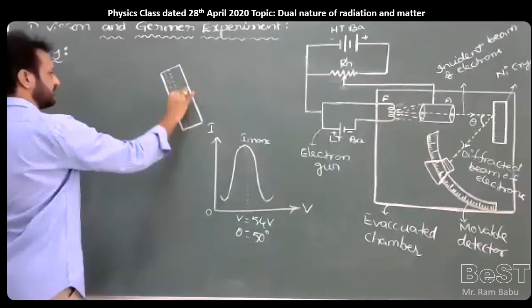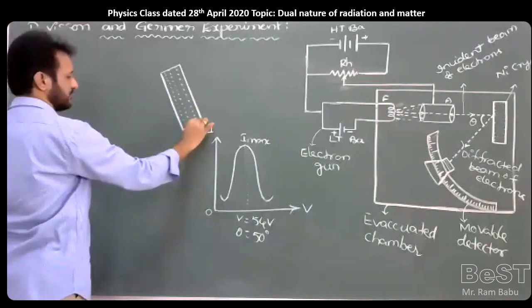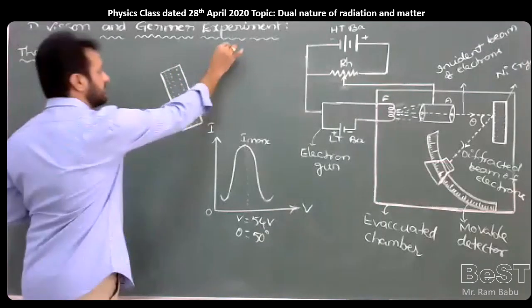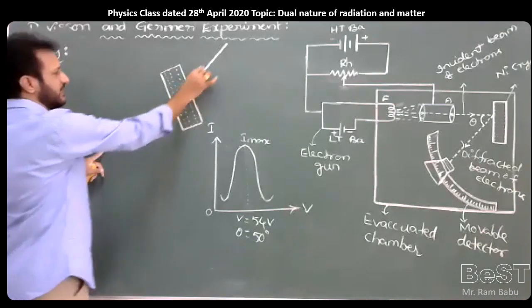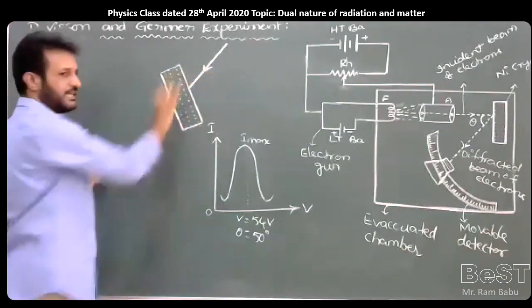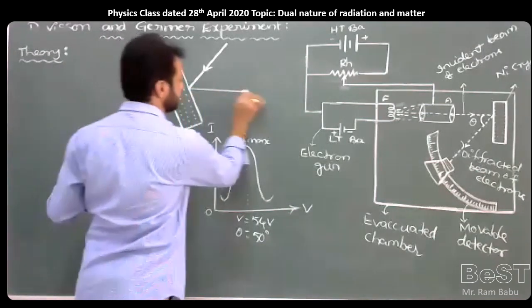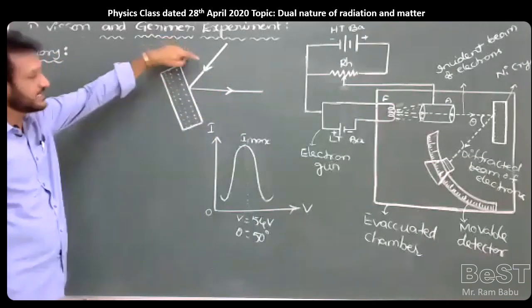As a beam of electrons is incident on the nickel crystal like this, it is the incident beam of electrons, and the beam of electrons gets scattered like this. It is the scattered beam of electrons.